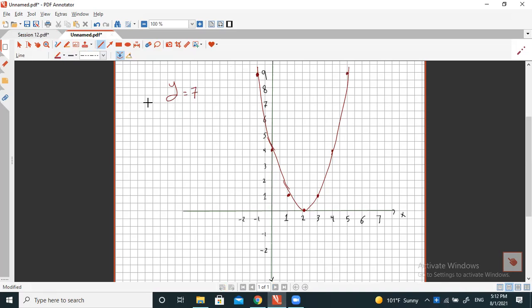And you draw a line passing through 7. Yes, here like this. And then you have here 2 points, 1 and 2. Then you draw a line down to touch x.